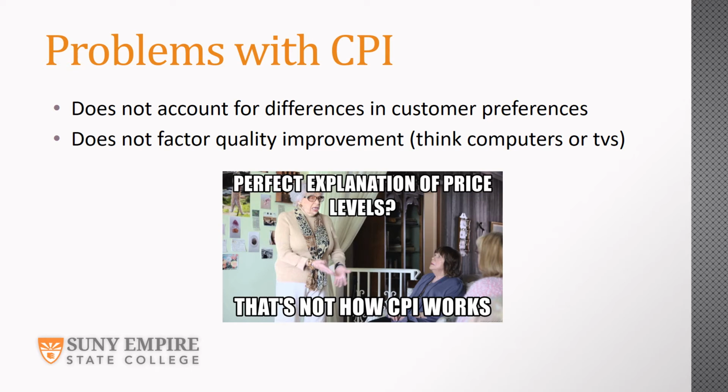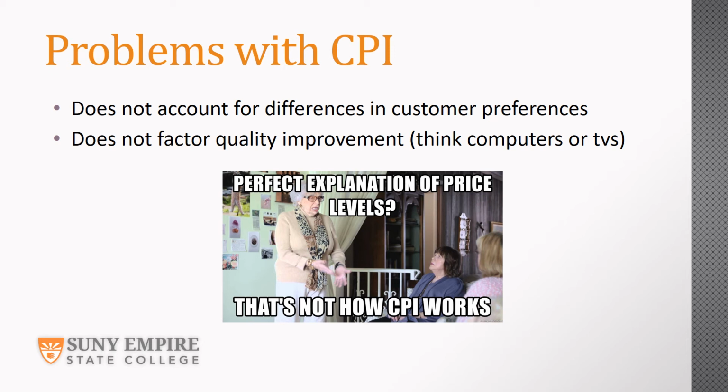Some of the items in the basket of goods do not reflect current consumer taste. CPI also does not factor in quality improvement. Think about a personal computer or a television. More specifically, consider what a $200 television would be like today: flat screen, high definition, 40-inch screen at least.